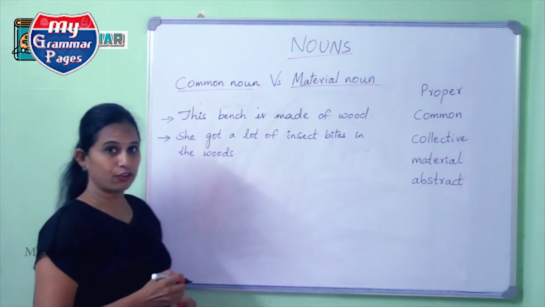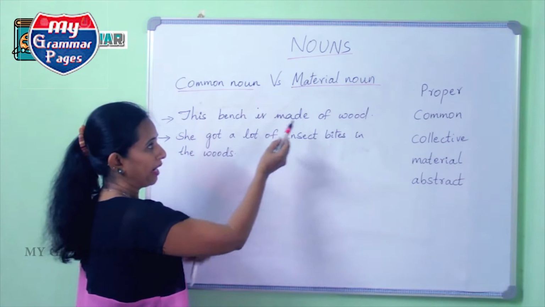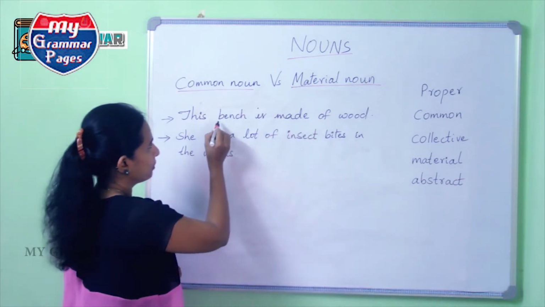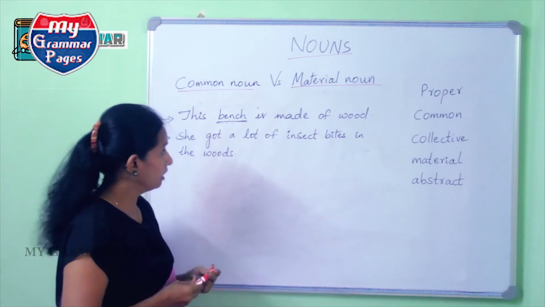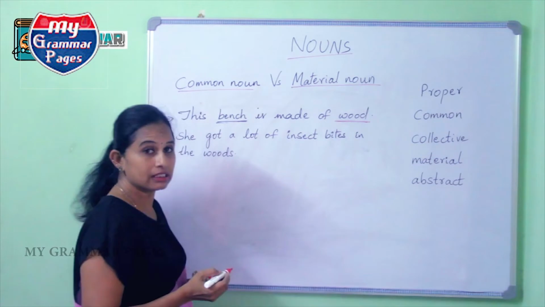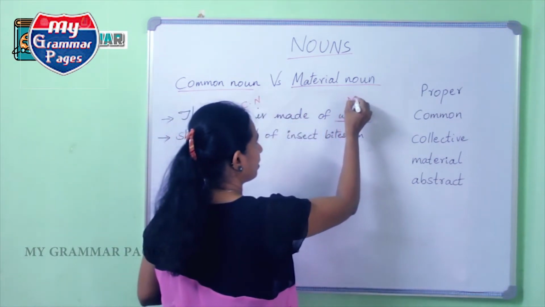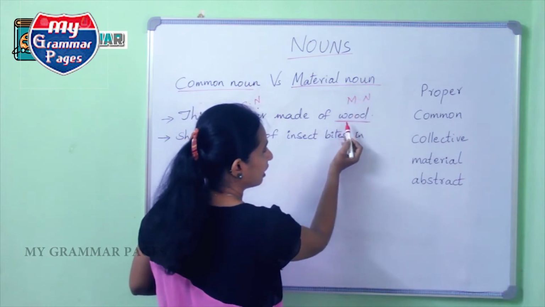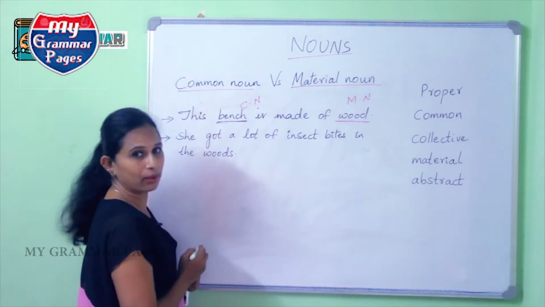Now let us see the difference between these two sentences. This bench is made of wood. In this one, the word bench is a common noun, and here we have one more noun. This is a common noun, and here it is a material noun because this is the raw material from which this bench is made.